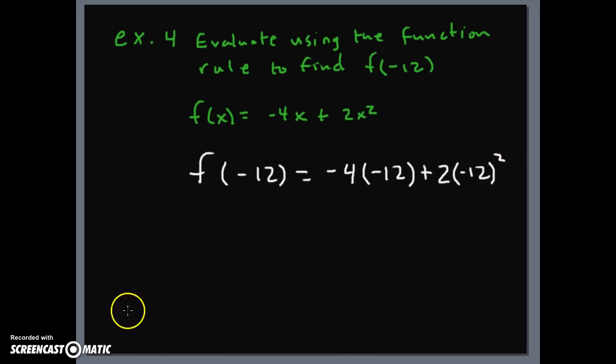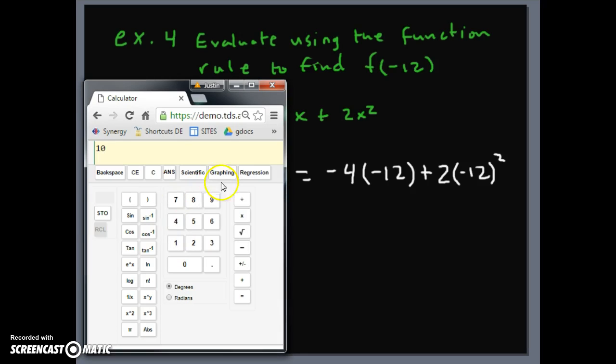I'm going to go ahead and use a calculator for this example to ensure that I get it correct. So I've got clear, negative 4 times negative 12, and the parentheses here for your input are important.